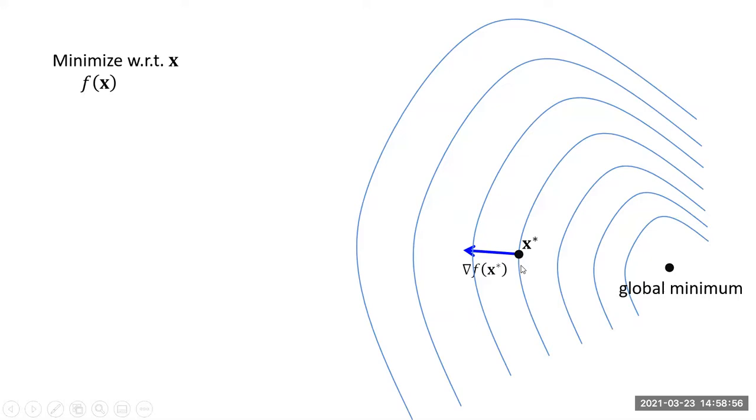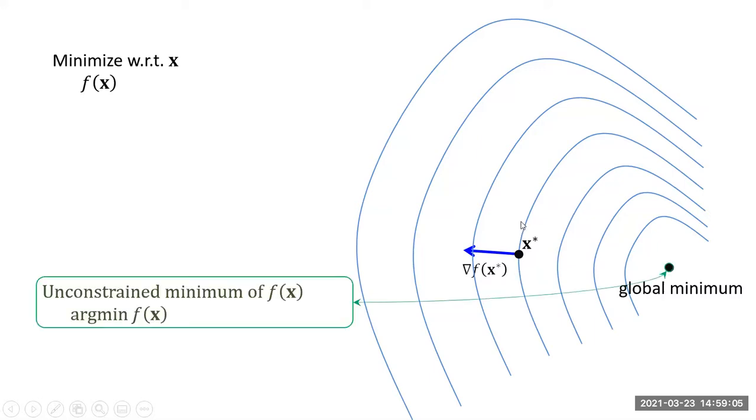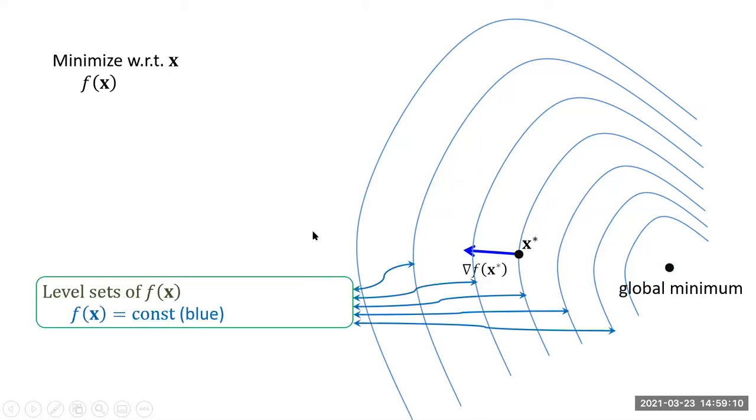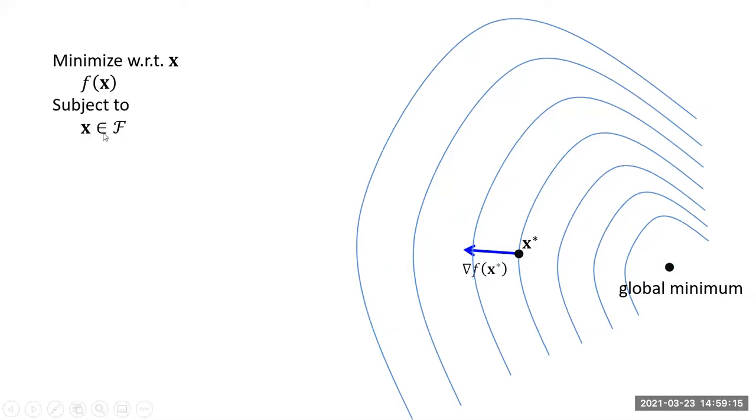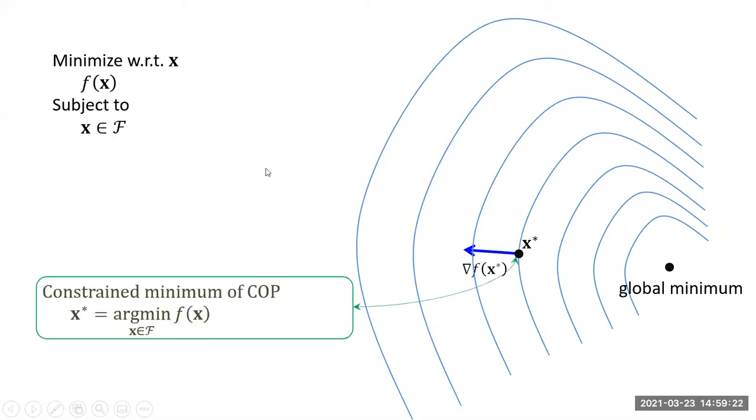And it's also orthogonal to this f of x equals constant contour here. Agreed? So this is the unconstrained minimum, and these are the level sets. And this is subject to x belonging to the feasible region. So we have to be within the feasible region, and this is the constrained minimum. x star equals argmin of f of x, where x must belong to the feasible region.